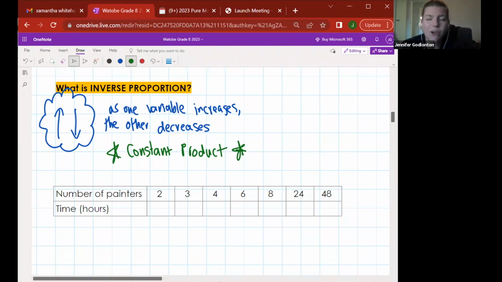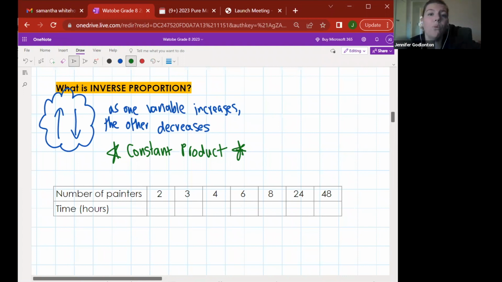Okay, so the best way to think about inverse proportion is, imagine you were painting a house. If you are painting a house, it's going to take you a certain number of hours to paint a house.